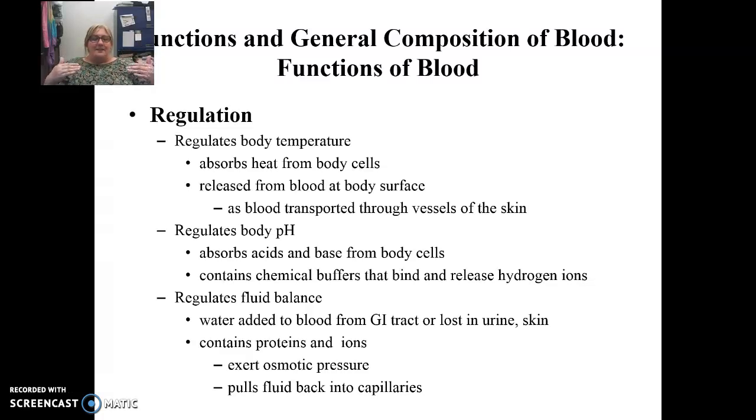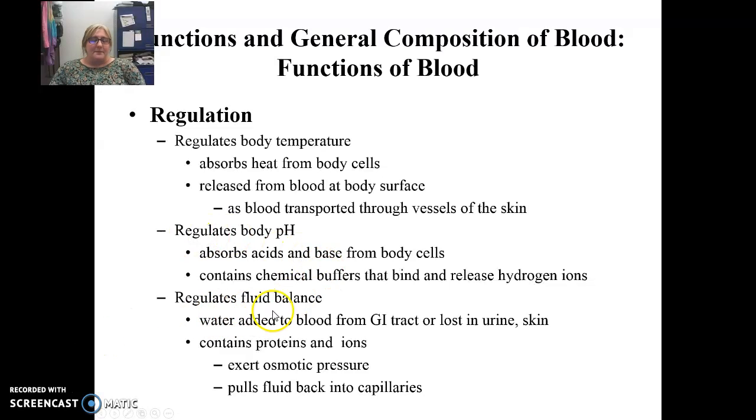And we're constantly converting molecules of carbon dioxide into carbonic acid, which then can break down into bicarbonate and hydrogen ions. And then we can reverse this process so that we can help to maintain that blood pH. This is known as a carbonic acid bicarbonate buffer, which we talked about last semester in chapter 2.